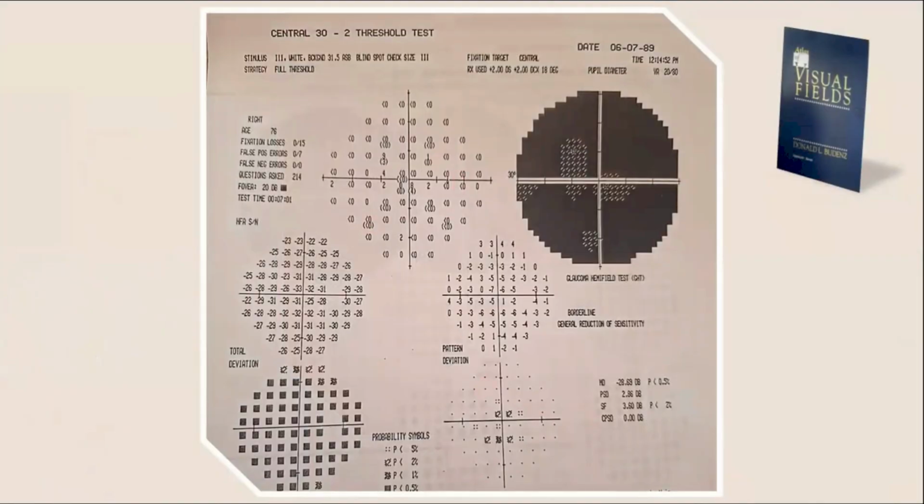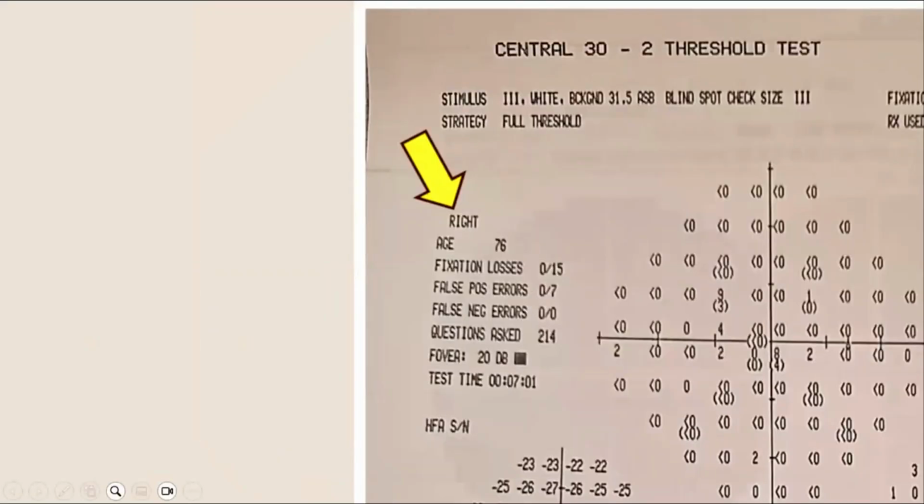Can anyone tell me which visual field? Is it right or left? Yeah, right. And you are right, definitely right. Why? How do you know? Many things actually. So here, let's see. First of all, it's written here in the printout. It's the right eye. This is one thing.